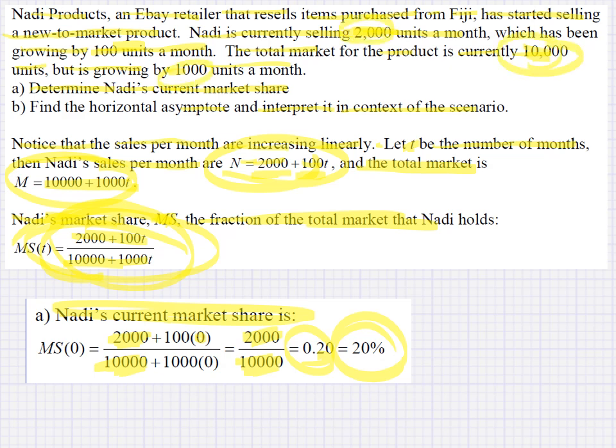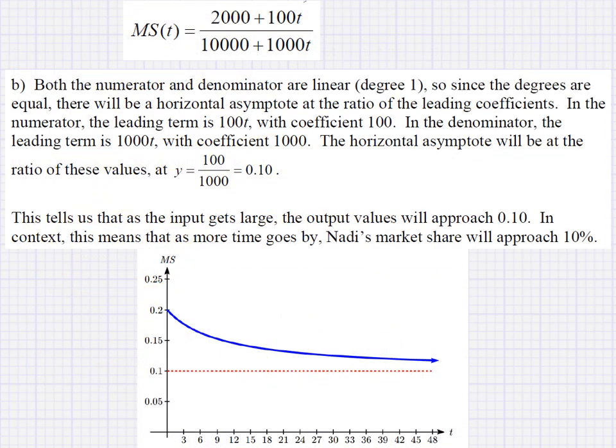All right. But let's make sense of this in terms of what we learned. Find the horizontal asymptote for this function, and let's interpret what that really means. The horizontal asymptote is easy to find. We have the same degree in the numerator as we do in the denominator. And when the degrees are the same, we look at the leading coefficients in front of those. So in this case, we would take 100 divided by 1,000.